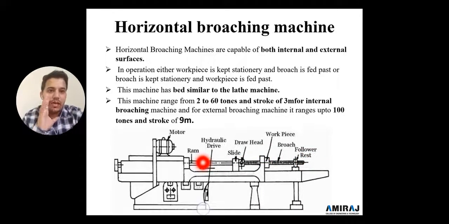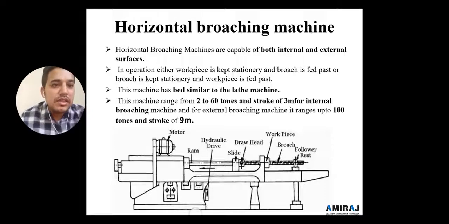As per that, we can do heavy kinds of machine work. In this machine, the range is 2 to 60 tons with strokes up to 3 meters for internal broaching, and 100 tons can stroke up to 9 meters. So we can provide heavy machinery work on the horizontal broaching machine. If we have large size workpieces that require the broaching operation, then we can select the horizontal broaching machine for internal as well as external broaching purposes.